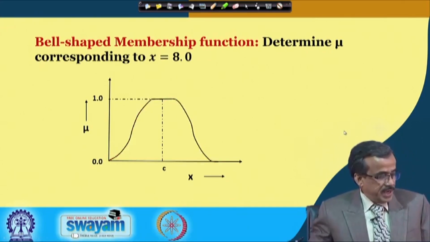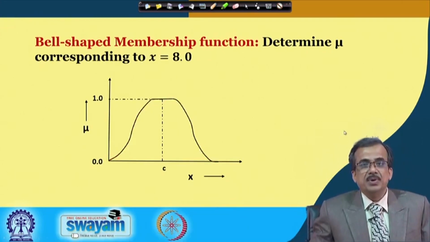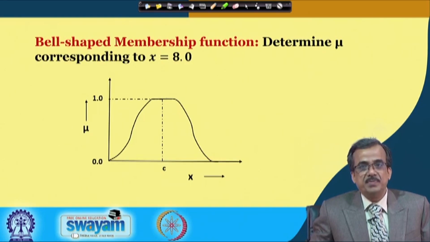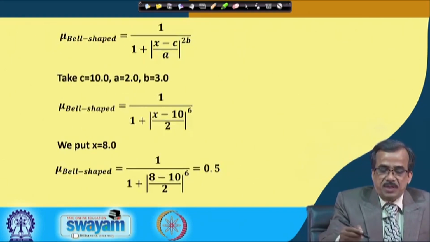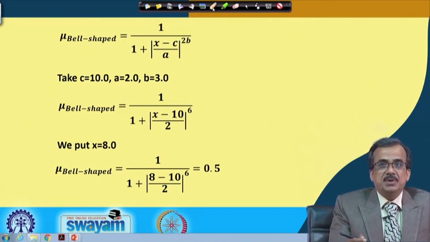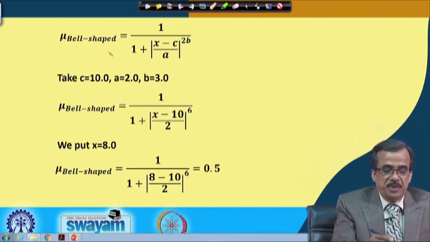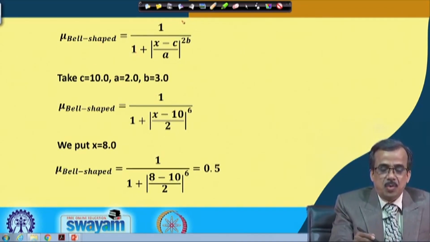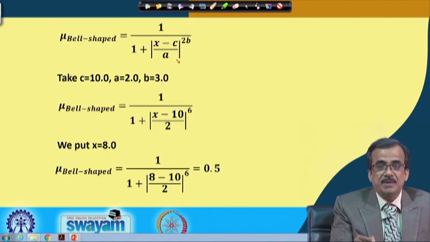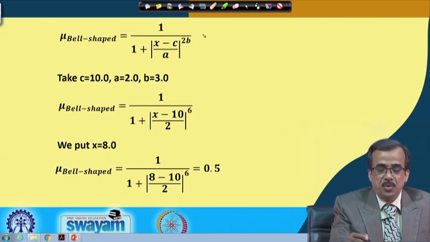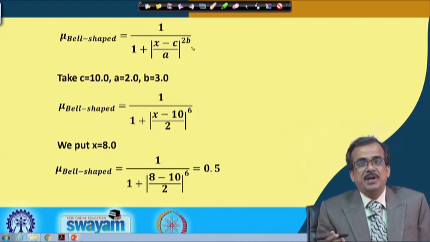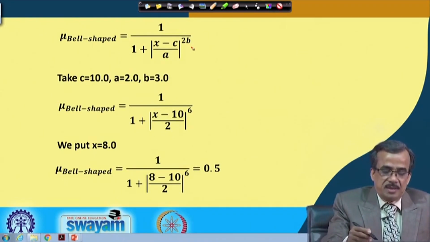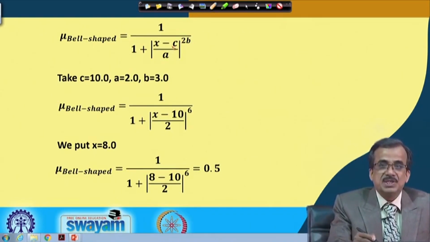This is the mathematical expression which I have already discussed: mu bell shaped is nothing but 1 divided by 1 plus the mod value of ((x minus c) divided by a) raised to the power 2b, and I have already discussed the meaning of a, b and c.